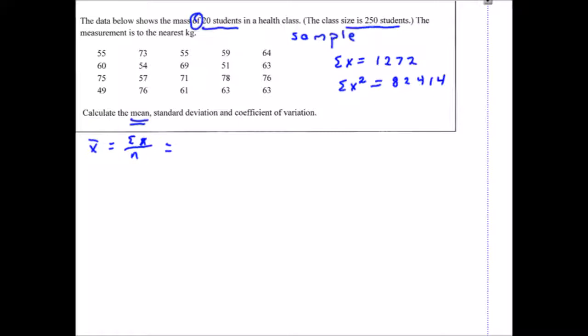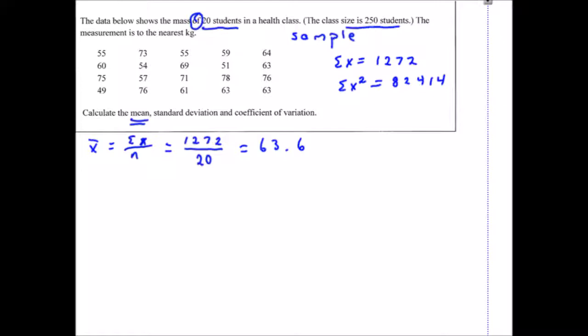Again, reading off the calculator screen, that's 1272. In this case, that data set size was 20. Reading from the calculator screen, that is 63.6.